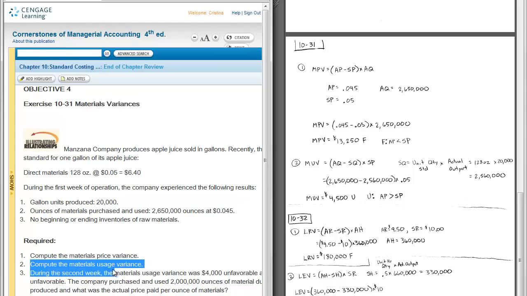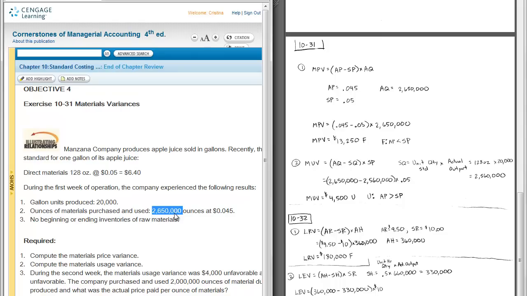The second piece of the problem here, we're asked to compute the materials usage variance. So over to our solutions, the equation here, we're looking for the actual quantity minus the standard quantity times the standard price. So we can look back to the given information.